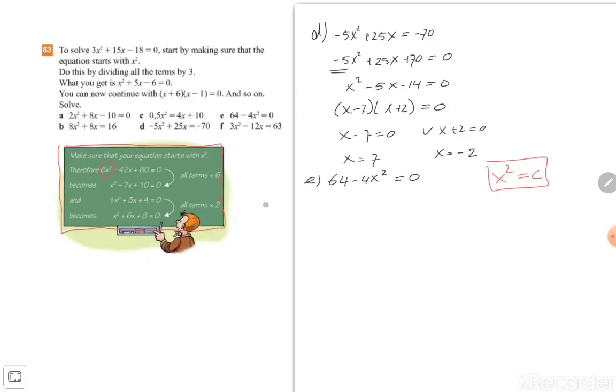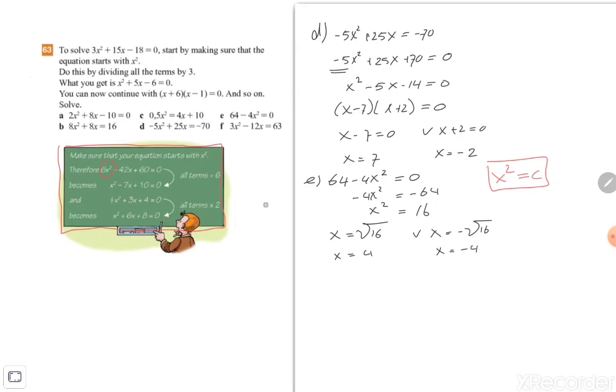Alright, so you get minus 4x squared is equal with minus 64. Now divide everything by minus 4, then you get x squared is equal with 16. So x is the square root of 16, or x is minus the square root of 16. So x is 4, or x is minus 4.